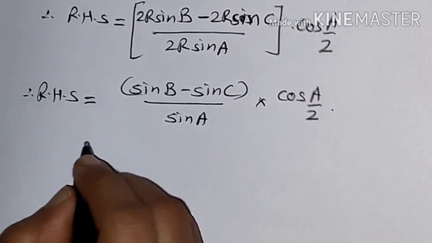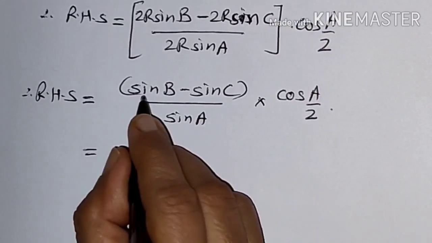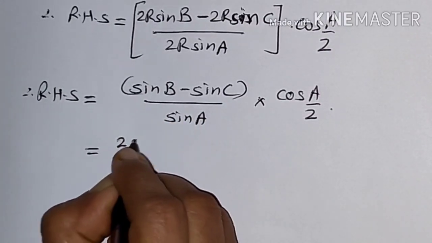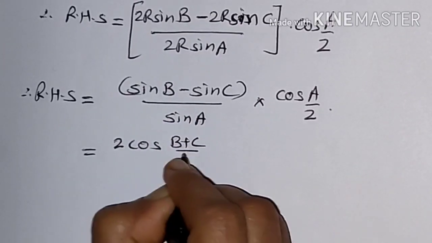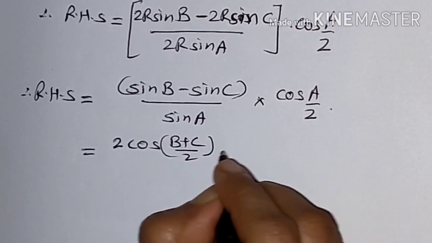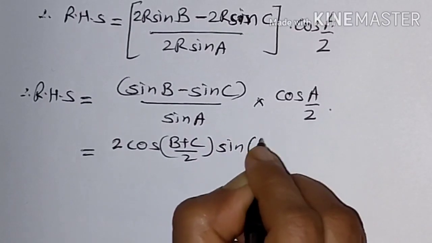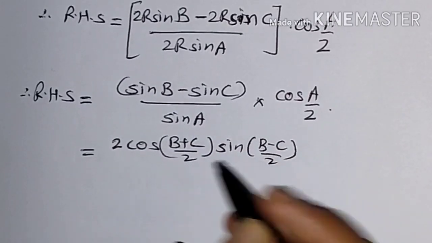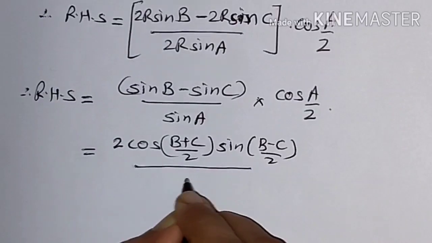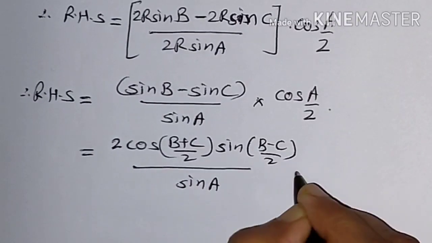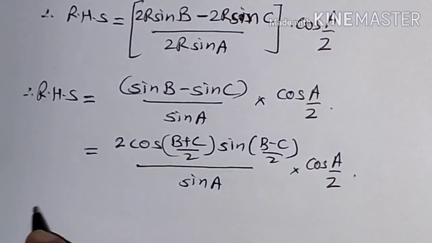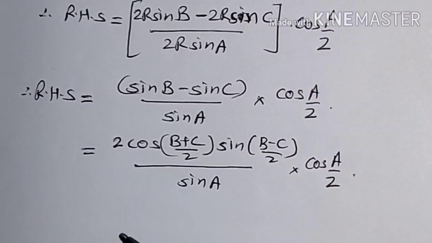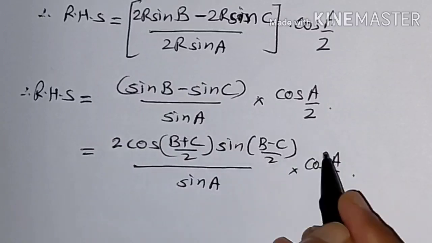Using factorization formula, we can write this as 2 cos (B plus C) by 2 into sine (B minus C) by 2, denominator sine A as it is, cos of A by 2 as it is. We have used factorization formula here.